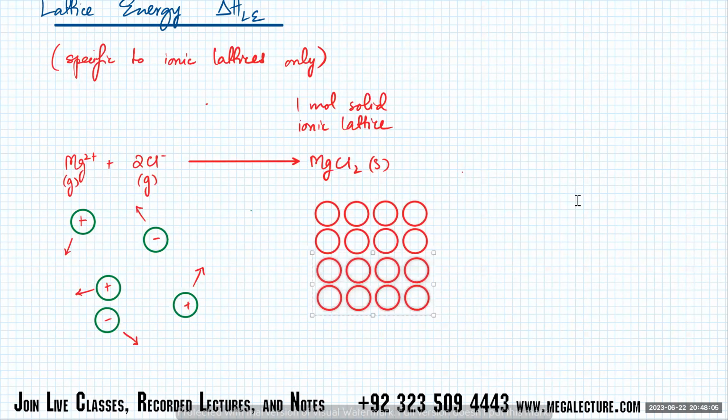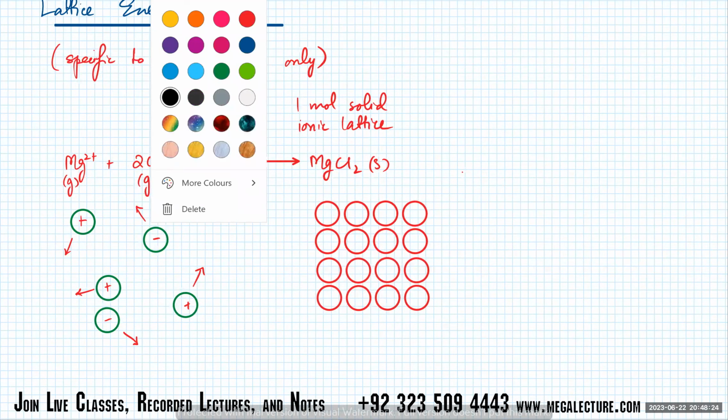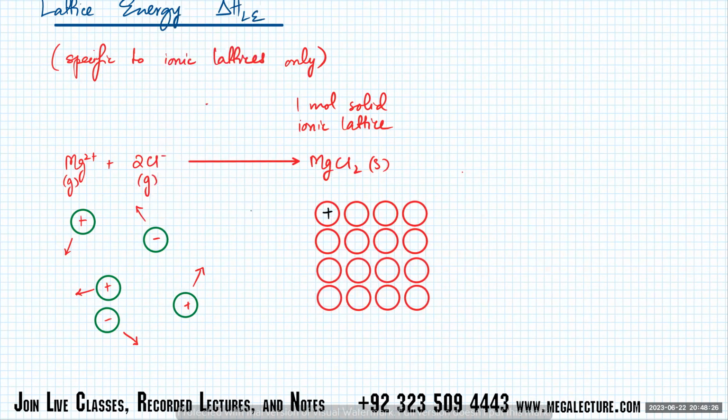So that's what the ionic lattice looks like. It's all positive and negative ions joined together, always alternating ions.